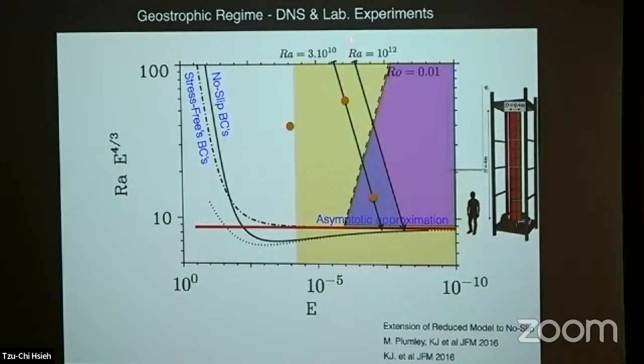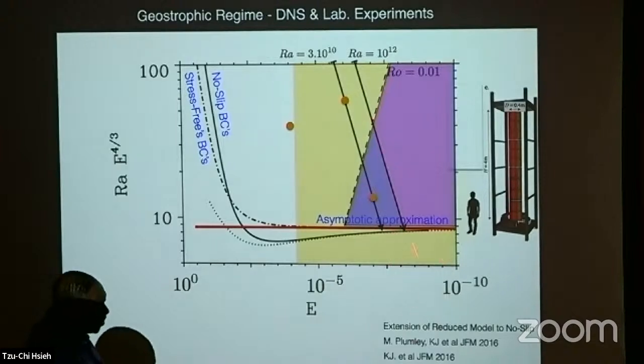They can do that very well, but typically experiments are descending into this purple region here, which I call the low Rossby number regime. They're descending into it in this fashion, and this is really hard for them. When you're talking about Rayleigh numbers of 10 to the 12, 10 to the 13, they're not really experiencing a lot of this regime.